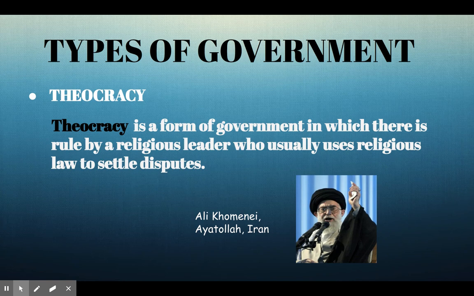So those are the six basic types of government. And it is kind of important to understand that you can have more than one type. You might have a dictatorship that's an oligarchy. Russia has that.